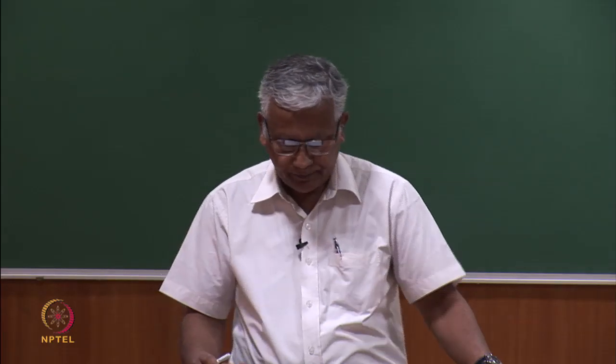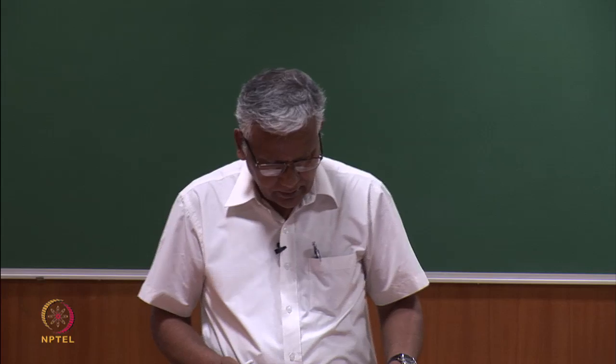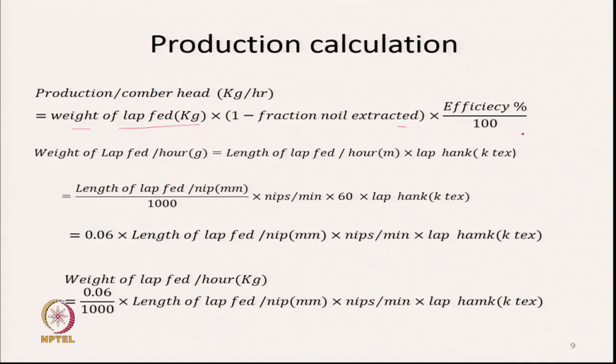So, the weight of lap fed is going to be the length of lap fed per hour in meter into lap hank in kilotex, and we have to know how much lap I am going to feed per hour.